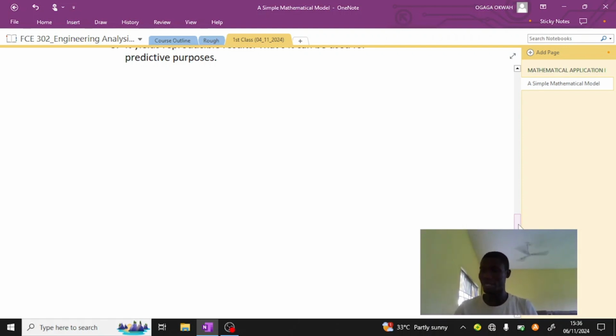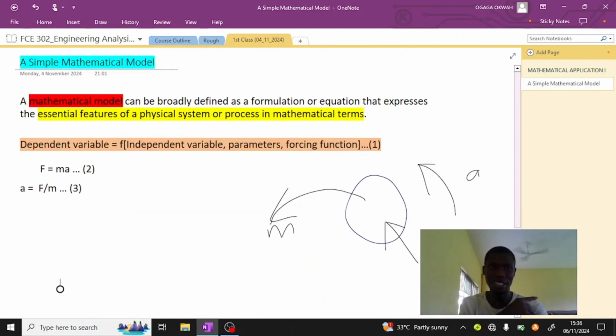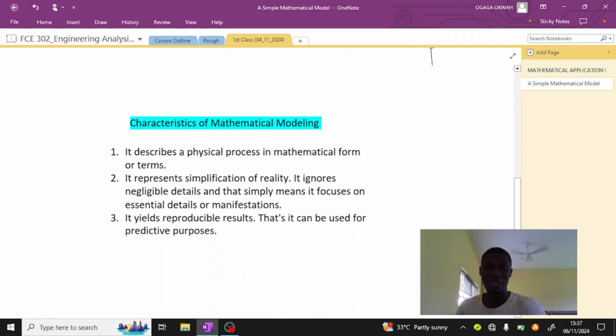Now, to illustrate a more complex model, recall that in the previous video we made mention that this equation 1 can range from simple algebraic equations to complex differential equations.